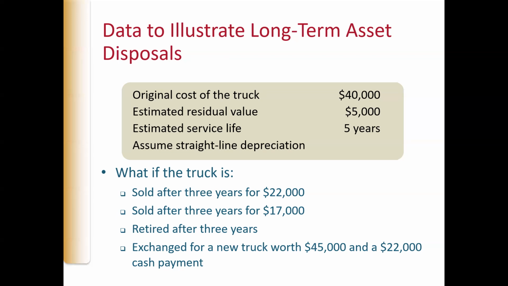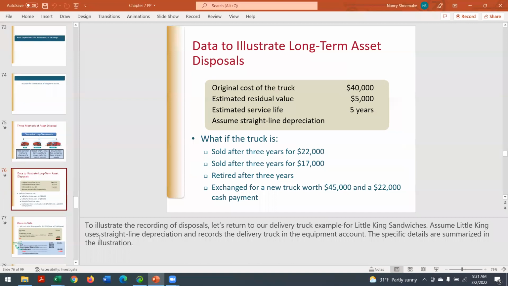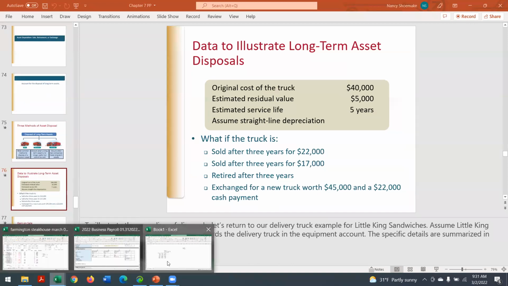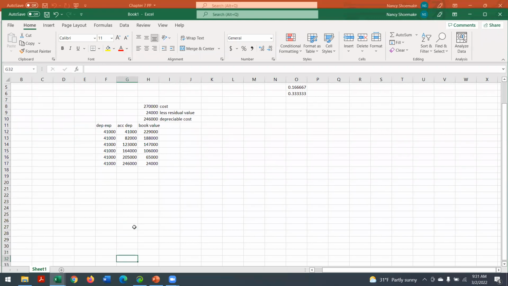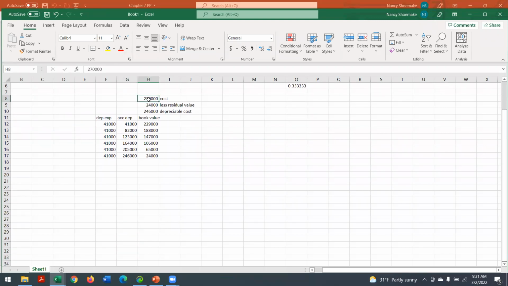So what I'm going to do, let's put this in Excel so it makes sense, okay? We're going to show the cost is 40,000, the residual value is 5,000. The depreciable cost is 35,000. 35,000 divided by 5 years would be 7,000 a year.